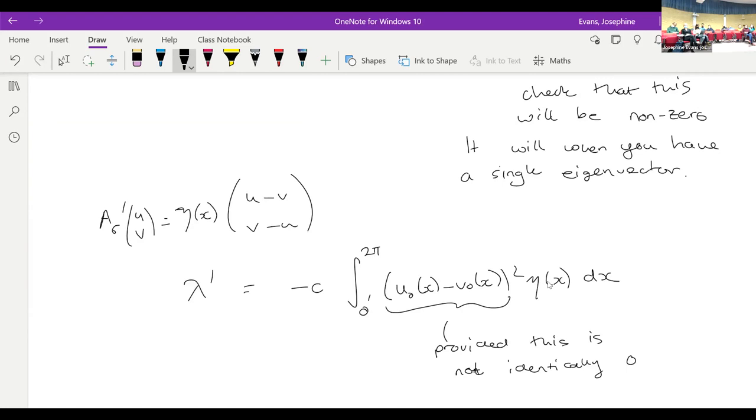So if our spectral gap was determined by a single eigenvector, we can perturb our sigma of x a bit to increase or decrease that eigenvalue. So it can't have been optimal.